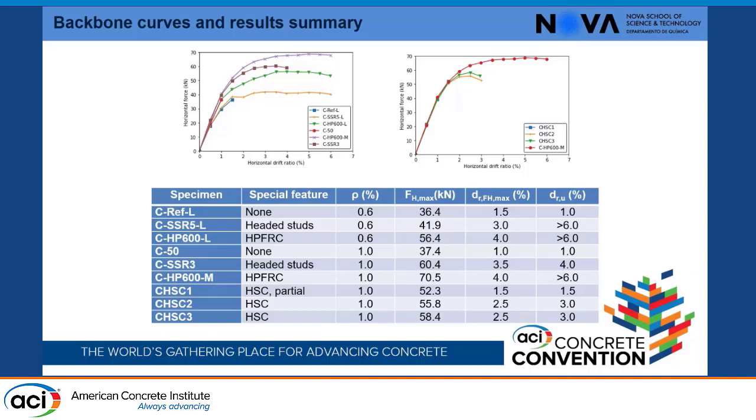The high-strength concrete reached 3% with a lower horizontal load, but a much worse result compared to the high-performance fiber-reinforced concrete.